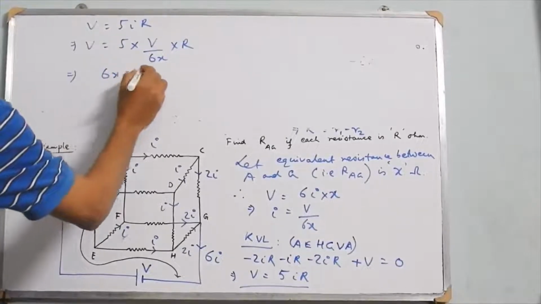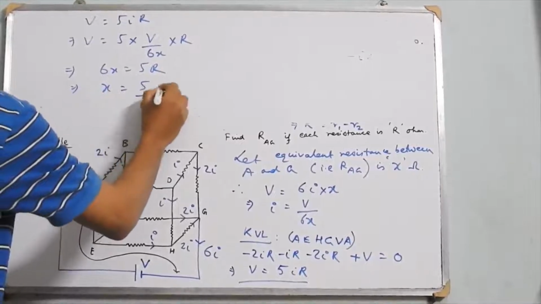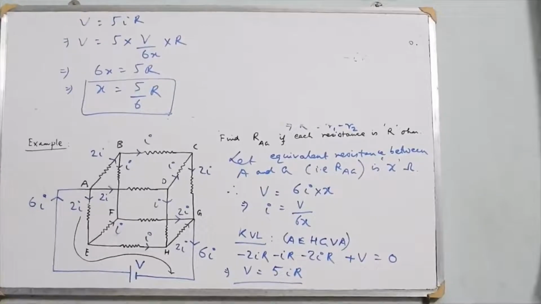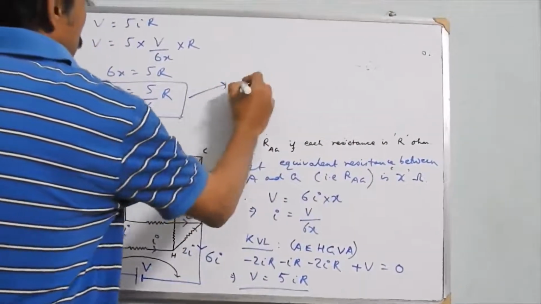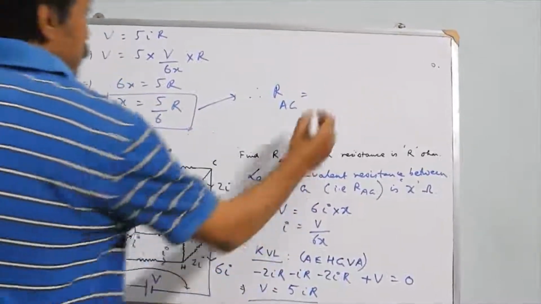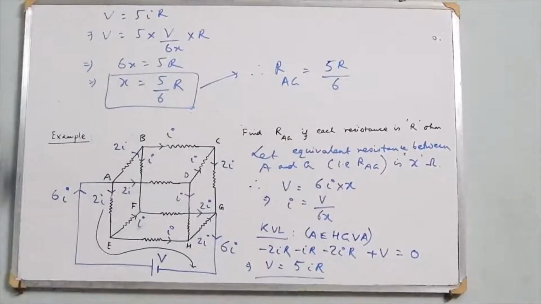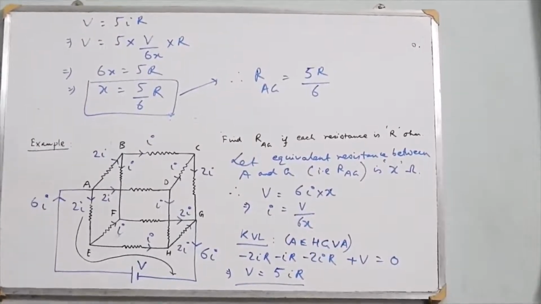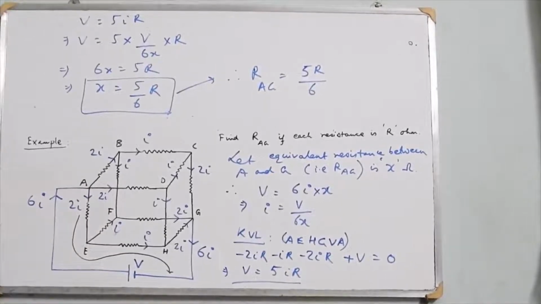You will get 6X is 5R, which means X is 5 by 6 times of capital R. So this is the equivalent resistance between the points A and G. So therefore the equivalent resistance between the points A and G is 5R by 6. So this is a simple way of applying Kirchhoff's law to find the equivalent resistance between any two points in a complex electrical network.